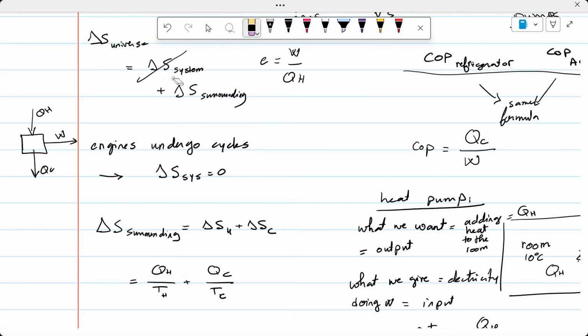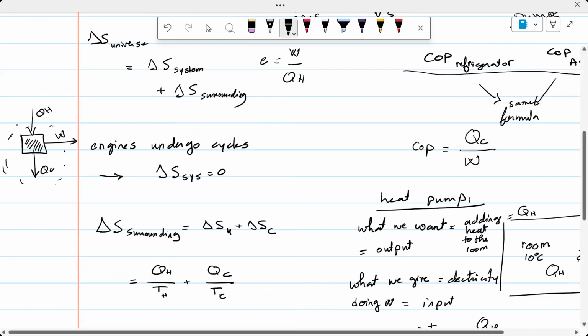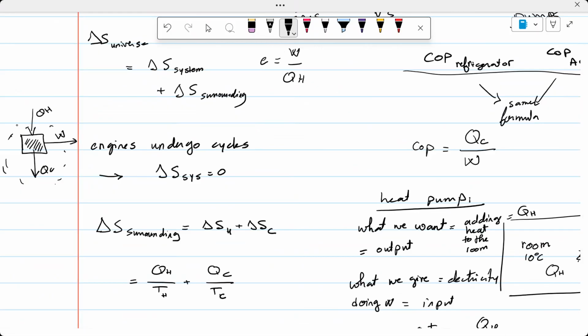Now for the surrounding, what is surrounding the engine substance? This is the engine substance here. It was the thing expanding and compressing as we add and remove heat. What's surrounding it is whatever is out here. When I added QH to this engine, it was from the surrounding. When QC went out from the system, this is towards the surrounding as well. Does this make sense? Yes.